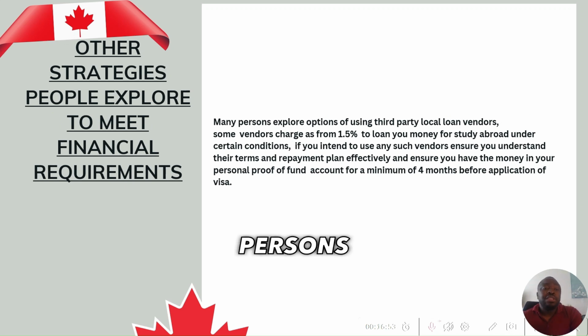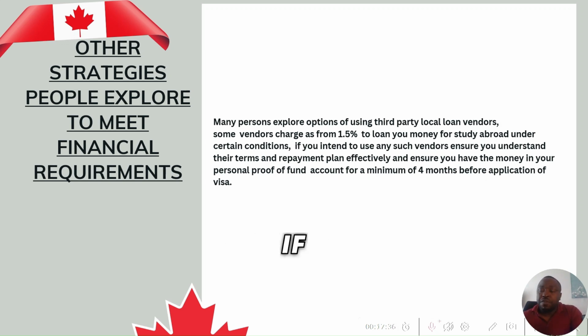Other strategies some persons explore to meet their financial needs in Nigeria, for example, they use what we call proof of funds loan vendors. Some vendors charge us from 1.5% upwards, and what they do is they loan you money for your study abroad under certain conditions, which you would understand and know that okay, it fits you, you can meet their payment plan.